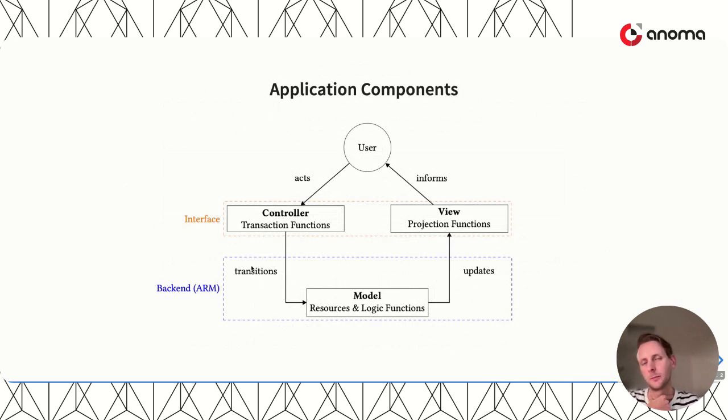This would create a transaction object. Depending on if it is unbalanced or balanced, different things need to happen now. If it is unbalanced, you need to find a counterparty. If it is balanced, you can execute it straight away. And in this case, the state is transitioned. The resources are consumed and created, and the balance would then be updated. So this is the flow that an application state change would entail. So let's look at the components in detail.